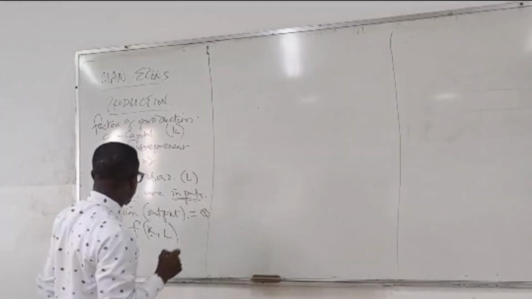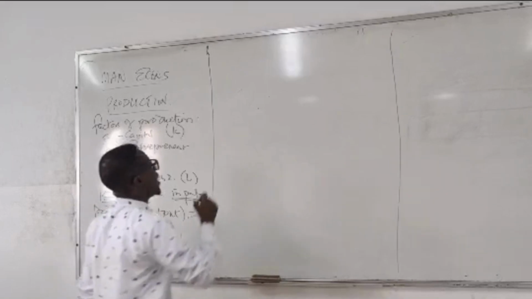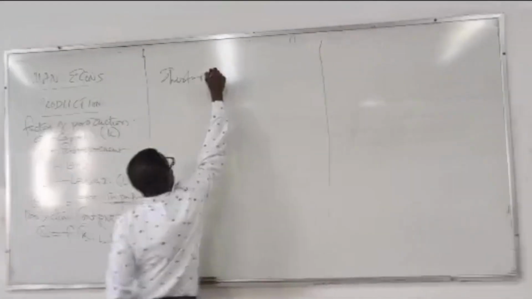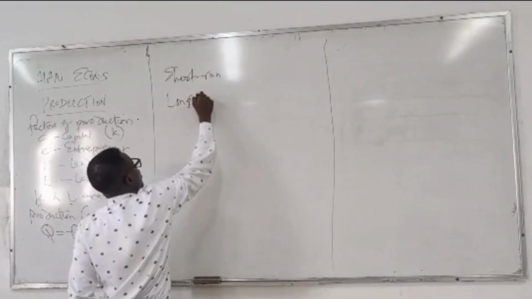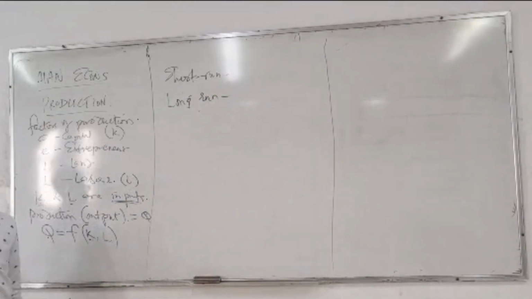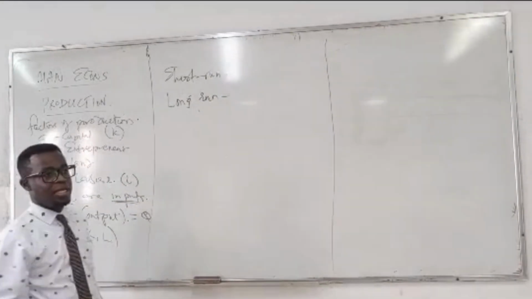Now we will proceed to look at some variations under production. Production is made in the short run and in the long run. So when do we determine that production is in the short run?